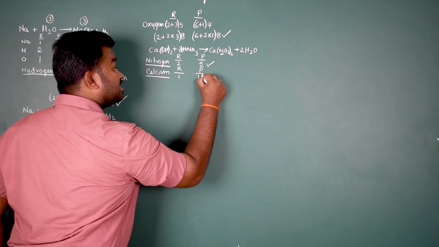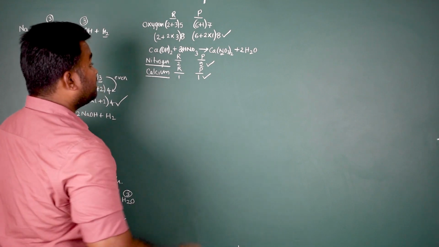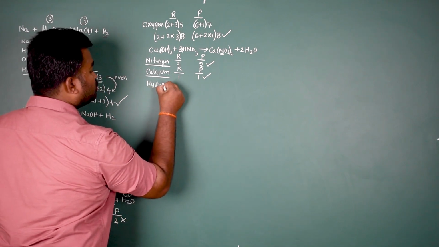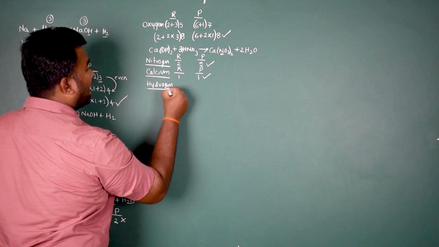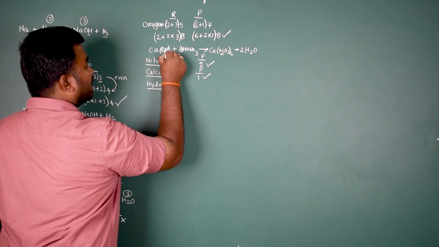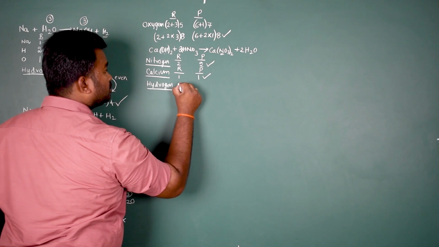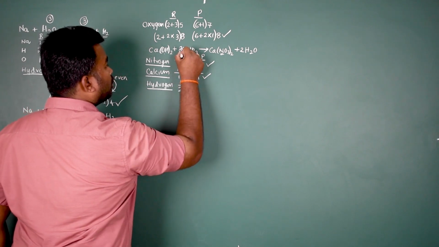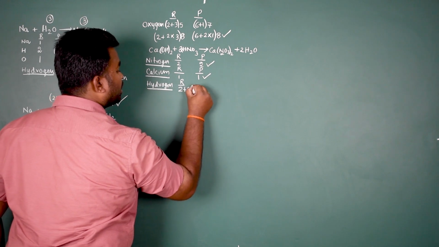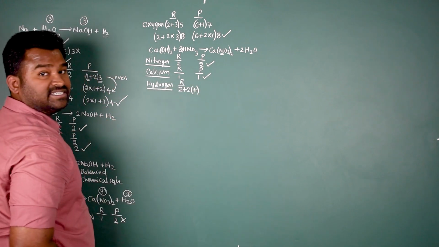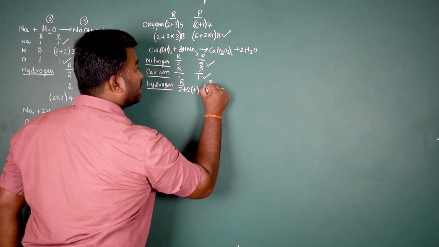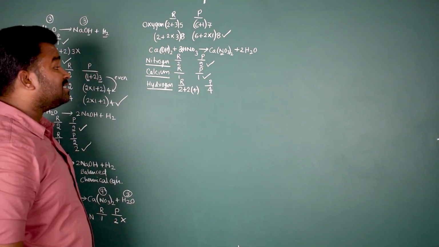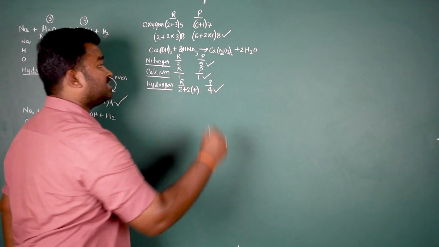Calcium is also balanced. Then let's go to hydrogen. In hydrogen, we have 2, 1 in the bracket, 1 into 2 is 2. So 2 hydrogens plus 2 into 1 is 2, 4 on the reactant side. On the product side, 2 into 2, that is 4. Hence hydrogens are also balanced.